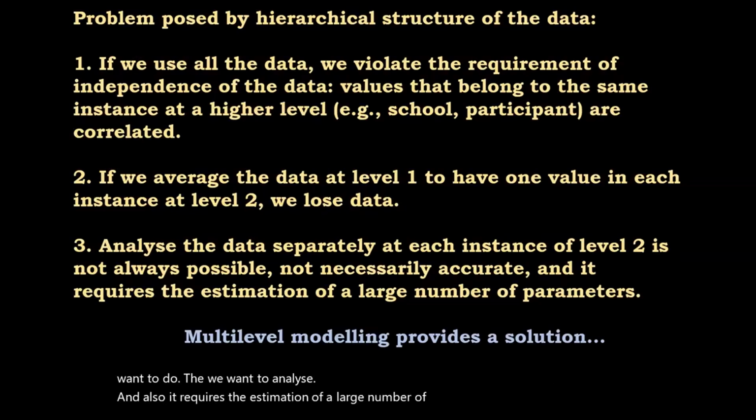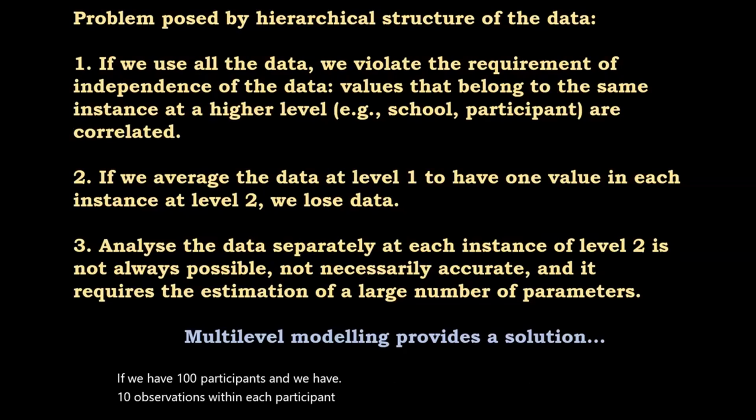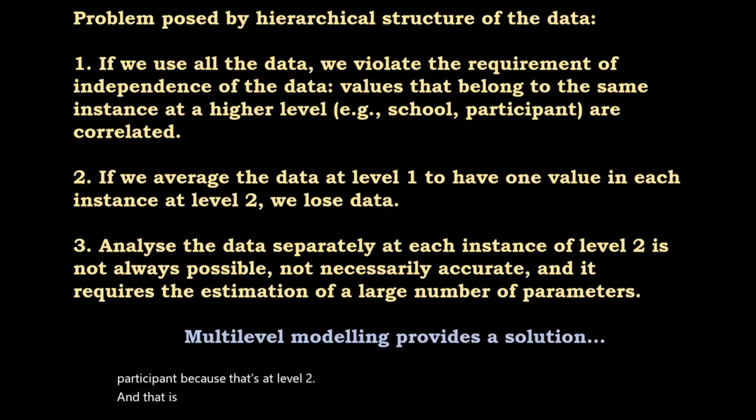So for example, if we have 100 participants and we have 10 observations within each participant, then we have to do a linear model for each participant, because that's at level 2. And that is sometimes not informative, and it requires the estimation of a lot of parameters. Now, multi-level modeling provides a solution to this problem.